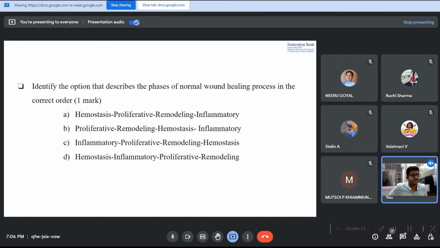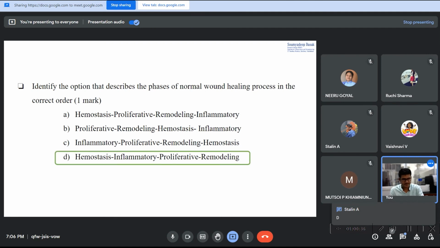Identify the option that describes the phases of the normal wound healing process in correct order. See, the order questions are very important. We had a detailed discussion last week. Hemostasis or homeostasis, whatever is written. See, I was reading it as homeostasis previously.